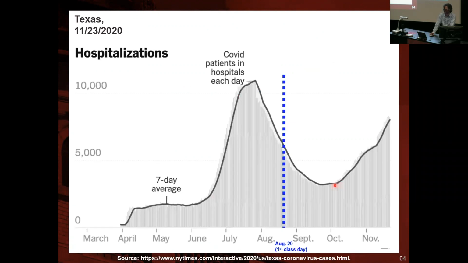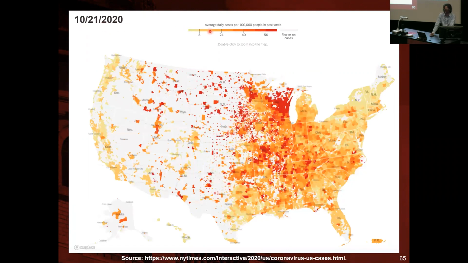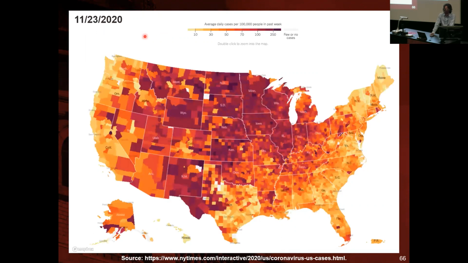Hospitalizations in Texas now, when we started the semester. It's higher now, and this is Texas. Average daily cases in October, when we discussed the mortality chapter, and now. This is daily cases per 100,000 people in the past week, so new cases.